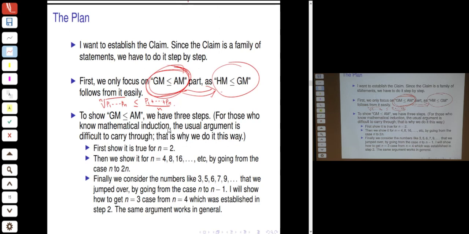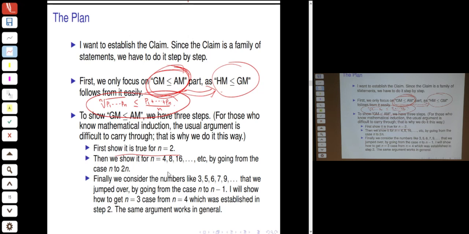For every fixed value of n, if you consider any positive real numbers P1, P2 up to Pn, then this inequality will be true. And we will prove it one by one for every n. But to do so, we will take the help of a trick. First we will show it for the simple case when n equals 2.